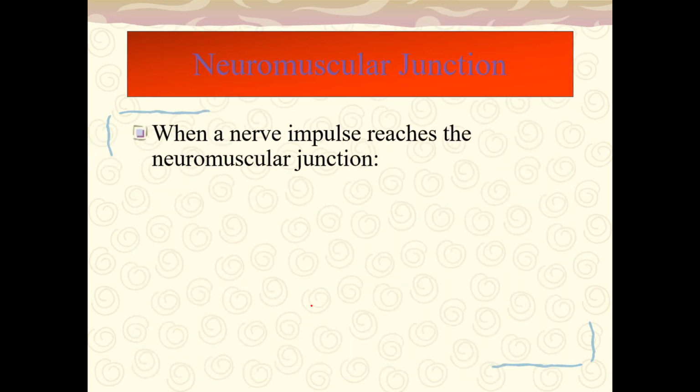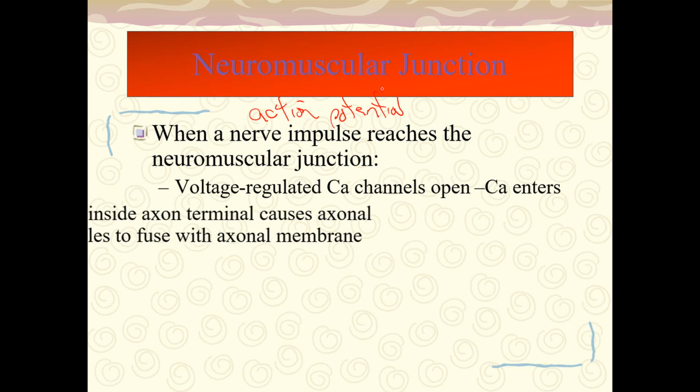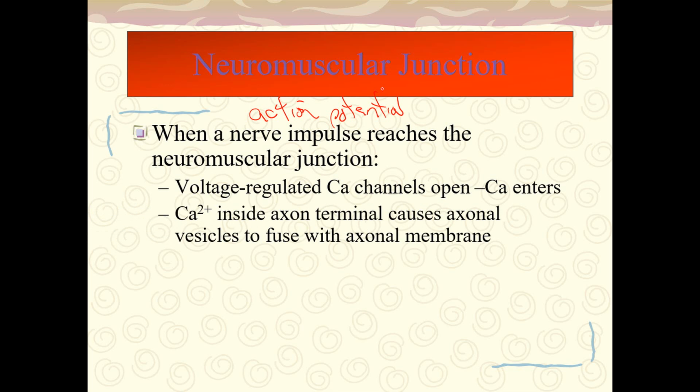Once that nerve impulse, also an action potential, reaches that neuromuscular junction, voltage-gated calcium channels open and calcium enters. That will trigger exocytosis of those presynaptic vesicles containing acetylcholine.